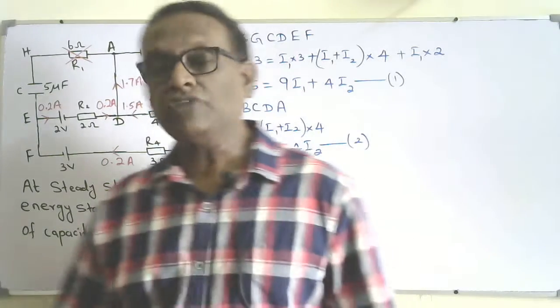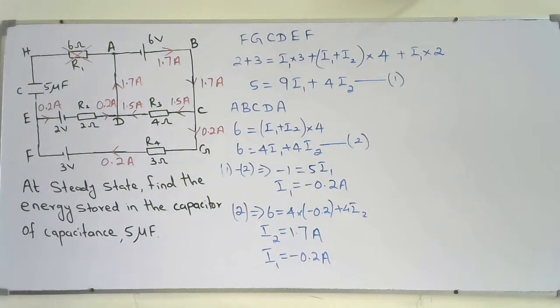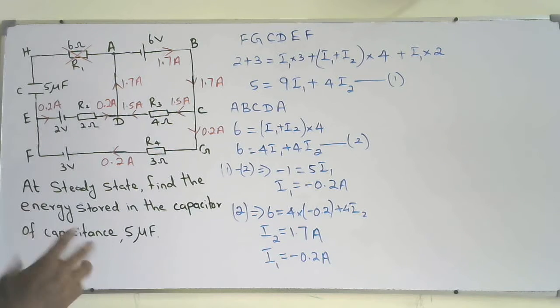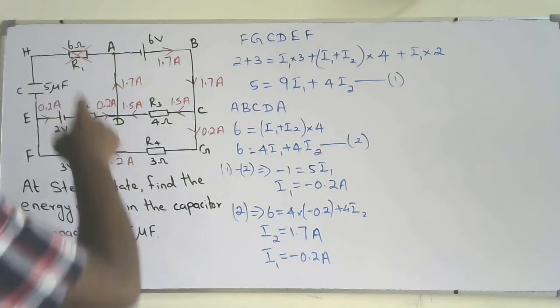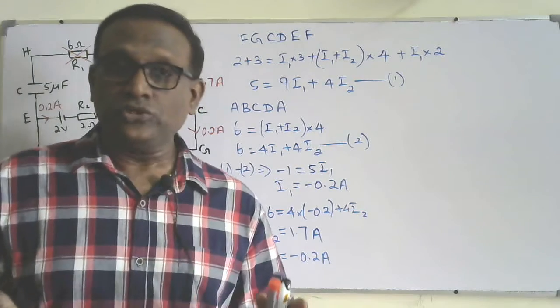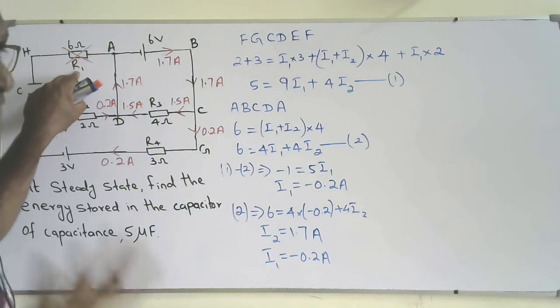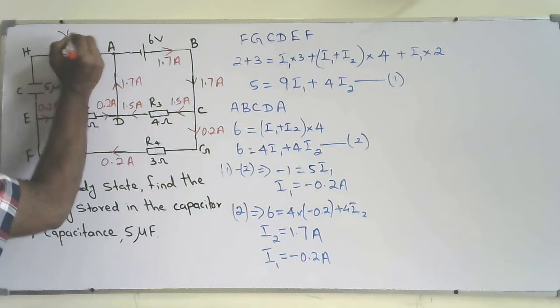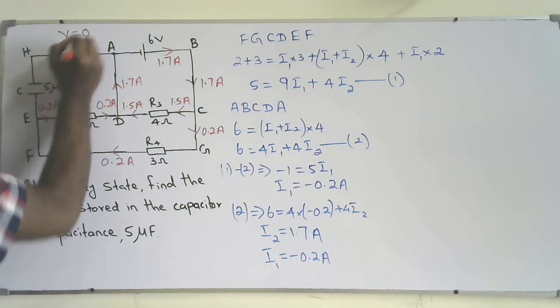Now I need to find the voltage across the capacitor. The voltage across R1 will be equal to 0, because there is no current flow at steady state. V equals IR, and for R1, I is 0, so the voltage across this resistor is 0. I can say V1 equals 0.